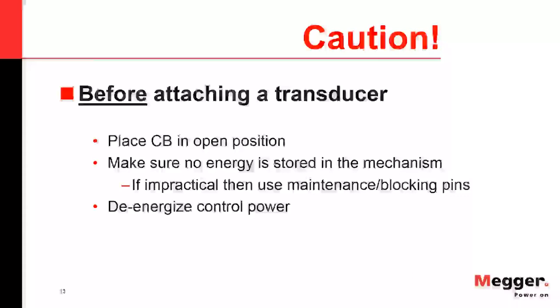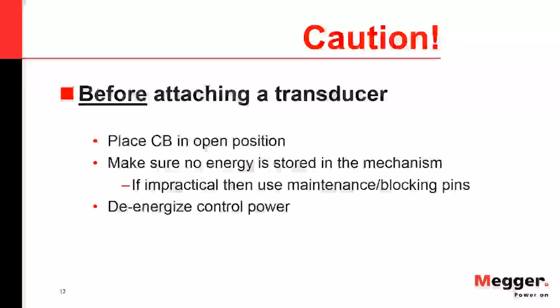One thing I'm going to go through in just a moment is different pictures of transducers and attachments, but first I want to add a moment of caution. Before attaching a transducer, you want to make sure you're safe. There's a lot of energy stored inside these mechanisms. So place the circuit breaker in an open position and then discharge any energy; sometimes you have to close and open the circuit breaker to discharge this energy.